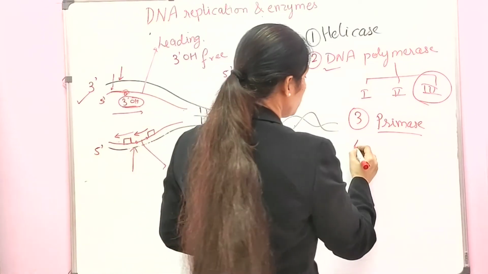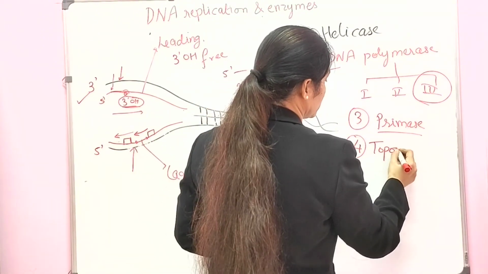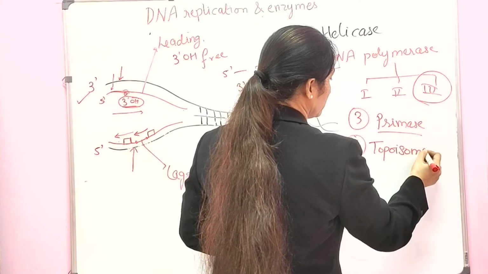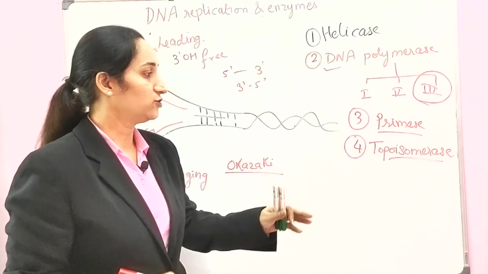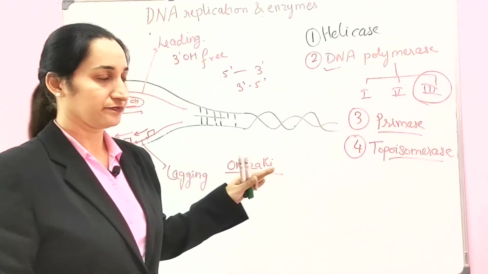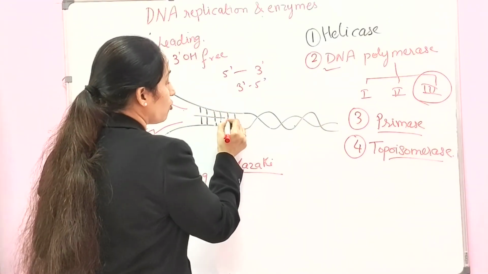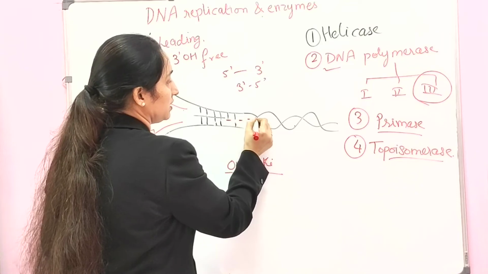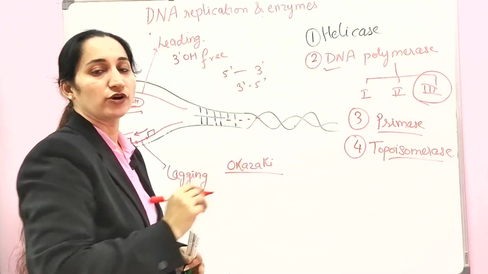For that, one more enzyme will come into action, and that is topoisomerase. Right? Topoisomerase. DNA gyrase is actually a kind of topoisomerase which works here. This topoisomerase will form small nicks in these hydrogen bonds so that this supercoiling is avoided or prevented.